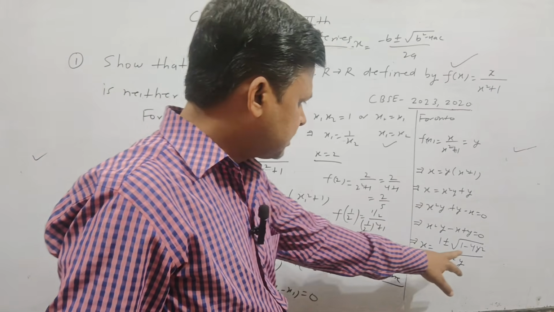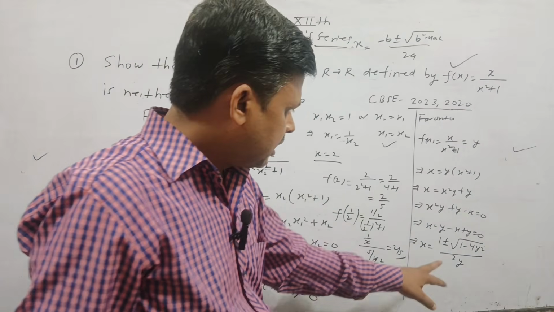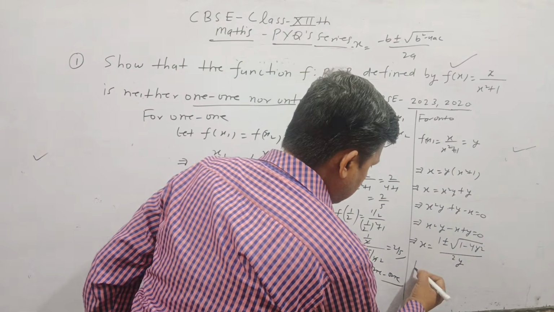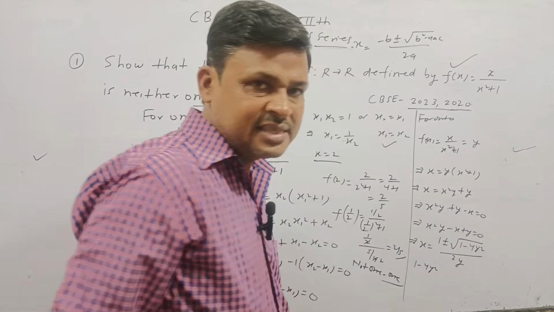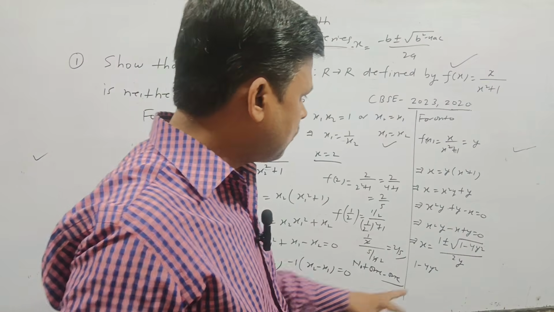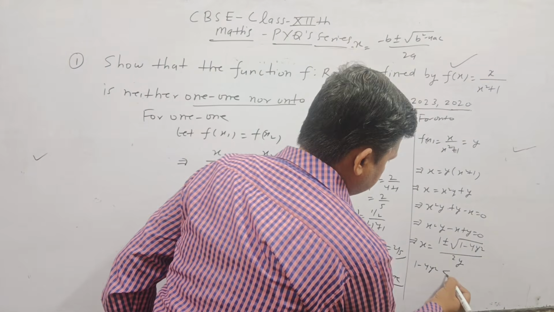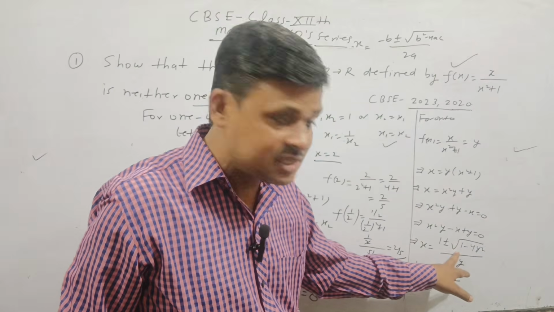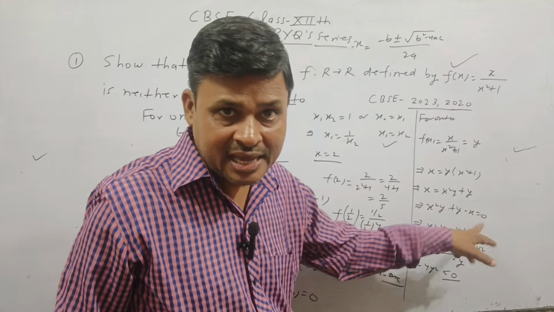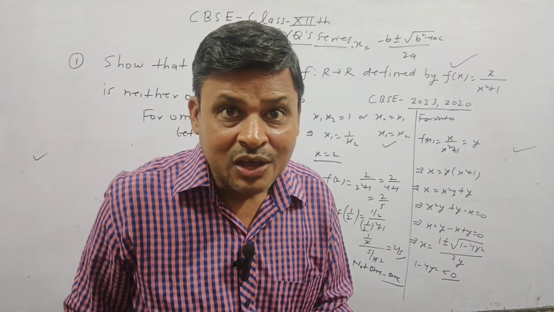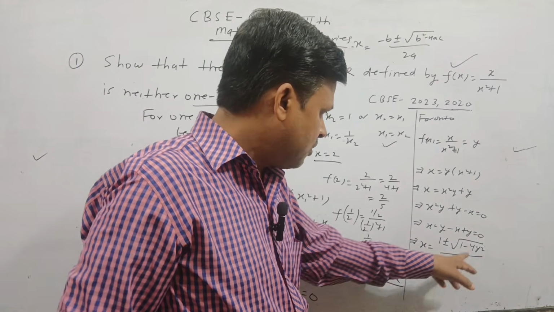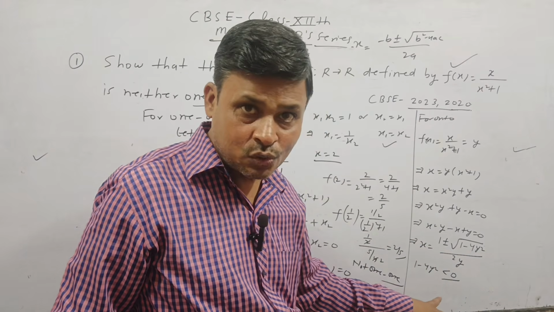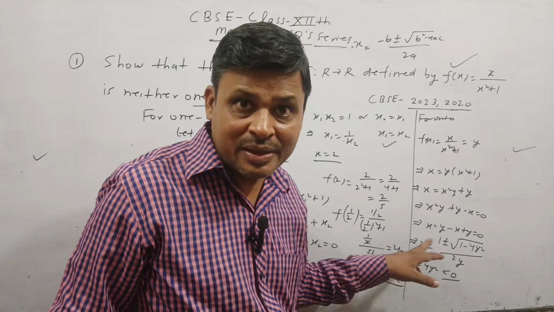So from this it is clear. It is clear that when we put the value of y in such a way that 1 minus 4y square will be less than 0, will be negative, then the roots of this quadratic equation in x will be imaginary. So we will get the value of x imaginary in the domain.